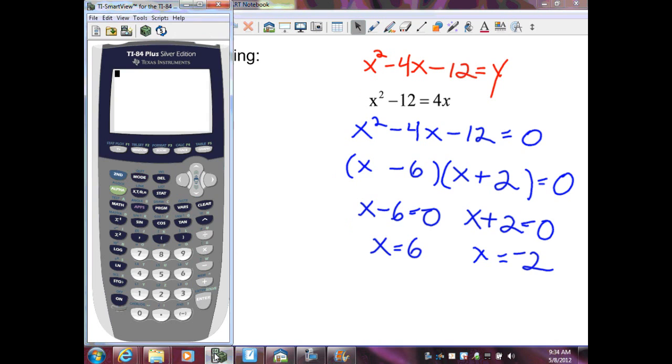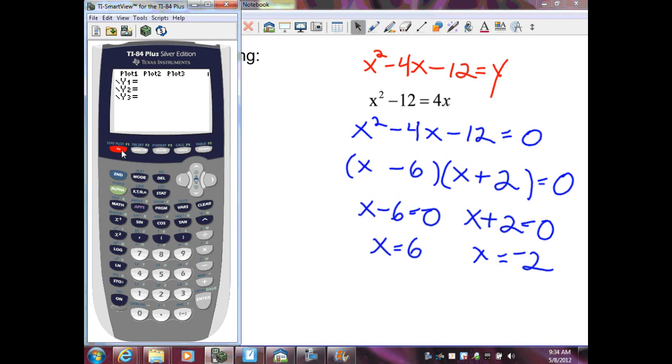So let's bring up our calculator. I'm going to go to y equals, and I'm going to enter x squared minus 4x minus 12. Now, I'll graph that function. And I can see that my vertex is below my visible sight here on my screen.